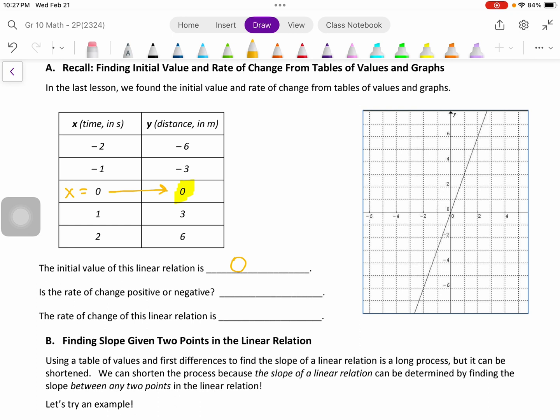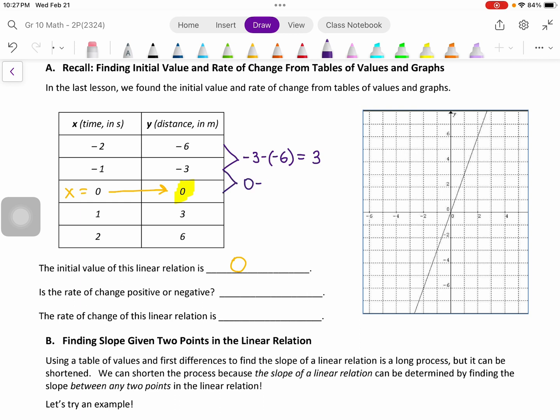Remember, we can find the rate of change by using the first differences. So over here we have -3 subtract -6. Subtracting a negative is the same as adding, so -3 plus 6, and that's an increase of 3.